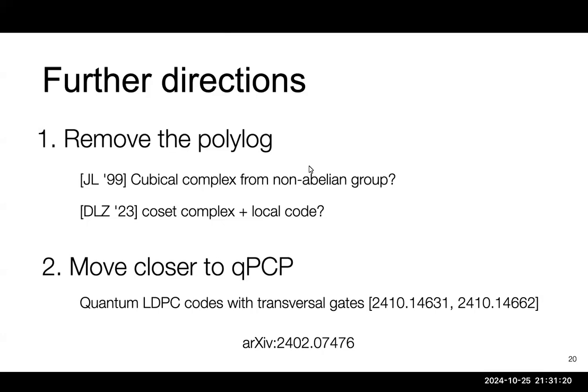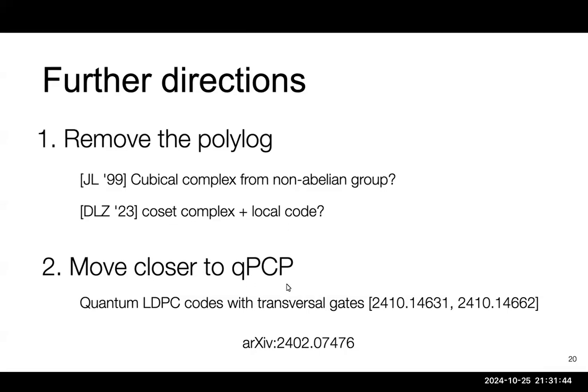That's one of the challenges. Instead, one can choose other complexes, such as the coset complex. But again, the local codes over there are also Reed-Solomon codes, and again they don't have enough robustness for our argument to go through. So that's the first question.